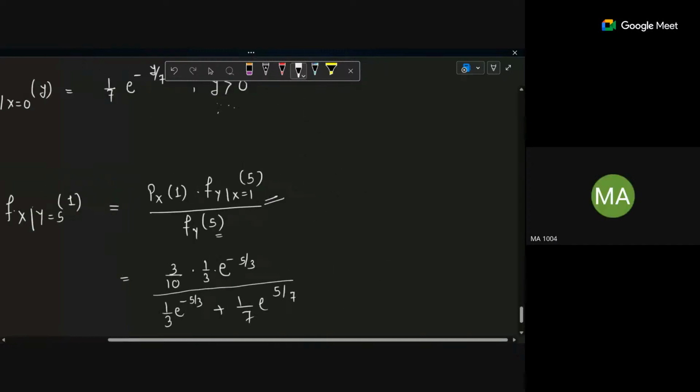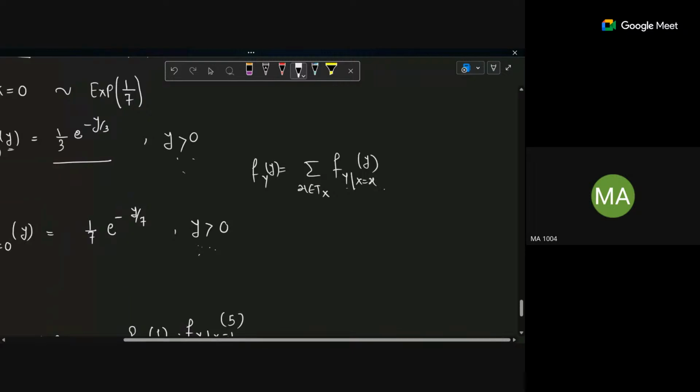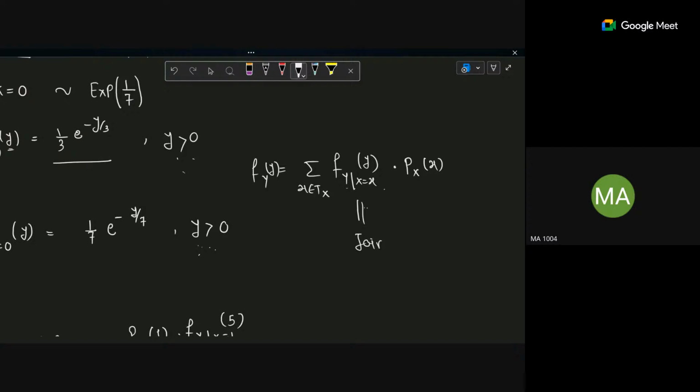Sorry. Because this is a conditional probability, we have to multiply it with P_X of x. Do you know why it is so? Once you open this conditional PDF, it will be the joint PDF divided by the marginal of x. So to balance it, we have to multiply it with the marginal.